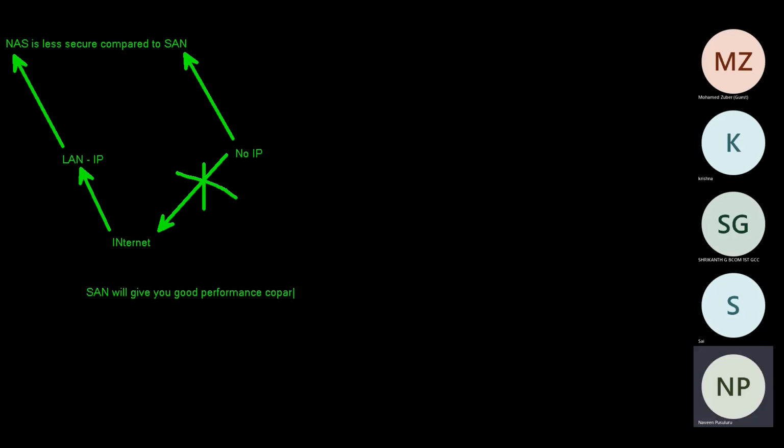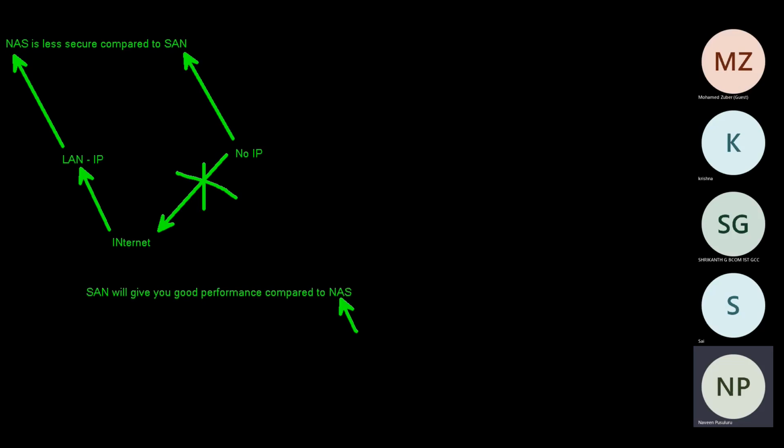Why? Because again, as I told you, NAS is using a local area network, which means an IP network. If the number of devices connected to the LAN increases, they have to share the bandwidth, right? For example, in your home you have a Wi-Fi. Only two people connected to the Wi-Fi, so you'll get a very good internet speed.